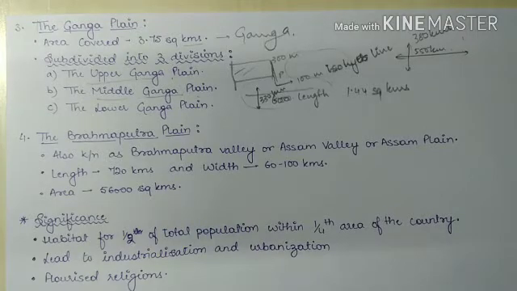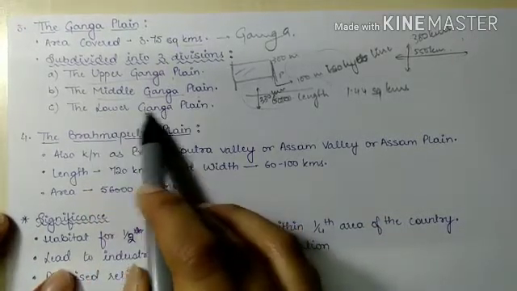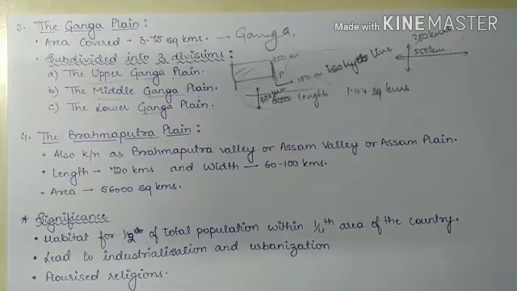Okay, except for these two, the whole of West Bengal and the Kishanganj Tehsil of Bihar are included in this Lower Ganga Plain.